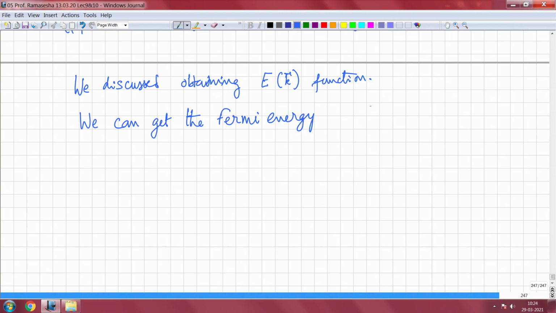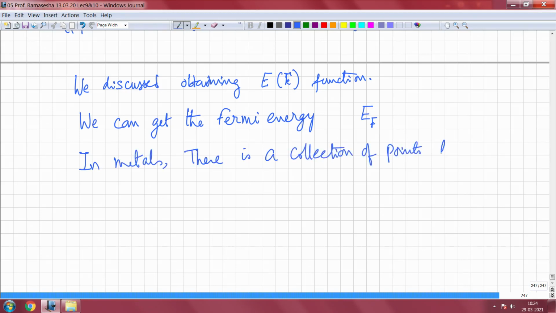So, we can get EF, the Fermi energy, and in metals there is a collection of points for which energy E of k is equal to EF. We call these points, the kF, the points which form a surface.